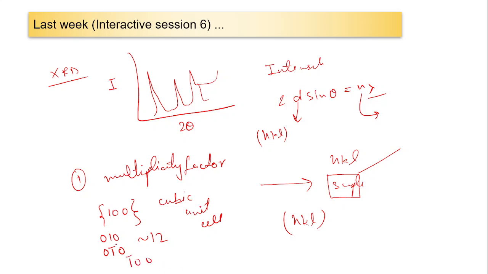In this way there are 12 planes representing this family of planes. So we'll get 12 times more intensity from this, whereas if I have the 111 family, it has 6 members, I think. So intensity from this will be less. So the one factor that influences the intensity of the peaks we are getting is multiplicity.